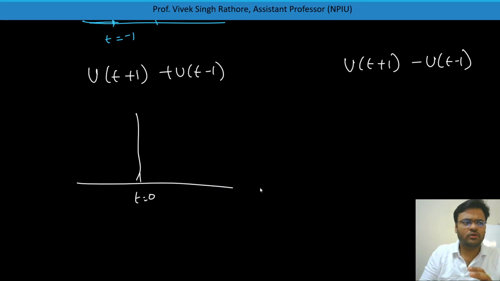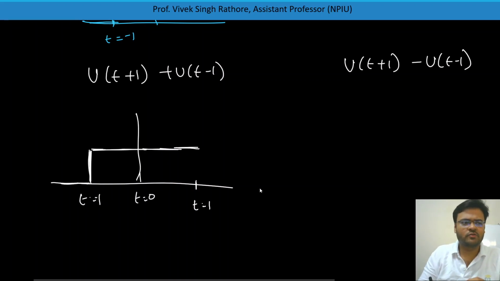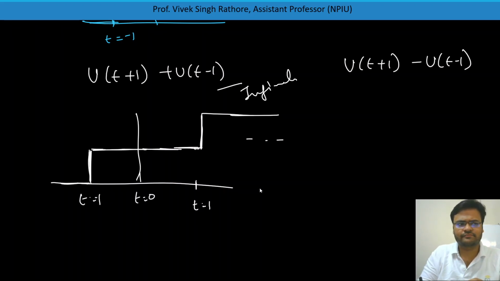So for u(t plus 1), at t equal to minus 1 there is a step change, and this will go on until u(t minus 1), meaning t minus 1 equal to 0, so t equal to 1, where there is a step change of plus 1. So this will go on. This is again an infinite duration signal.